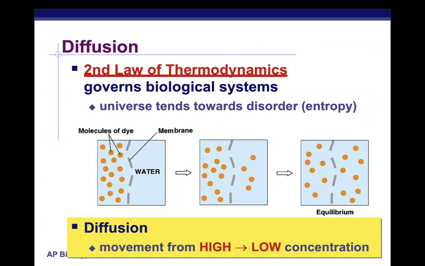What that means is that substances will tend to diffuse, or that means a substance will tend to move from a place where it is more highly concentrated to where it is less highly concentrated. So think about, in your classroom.